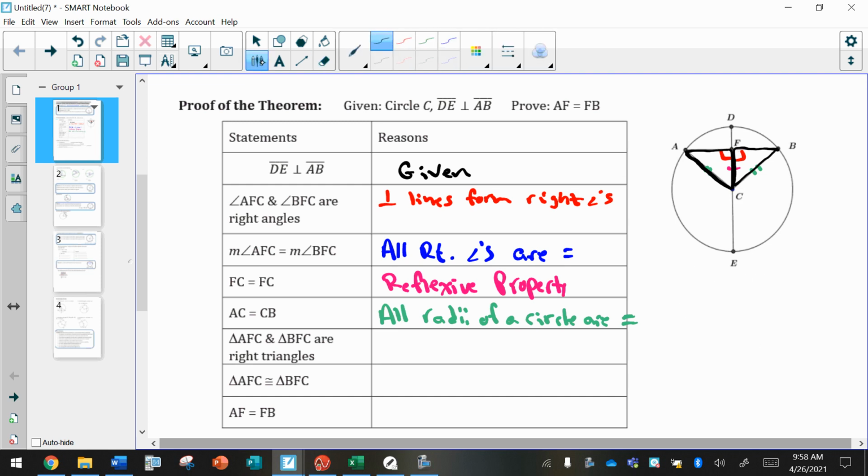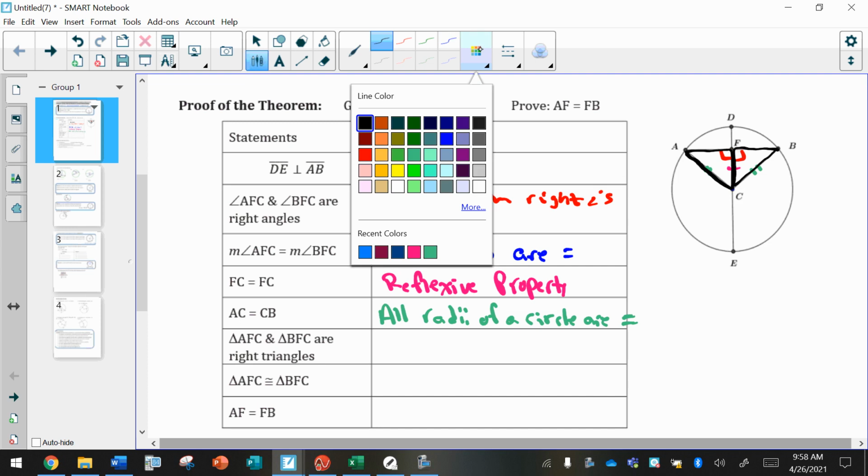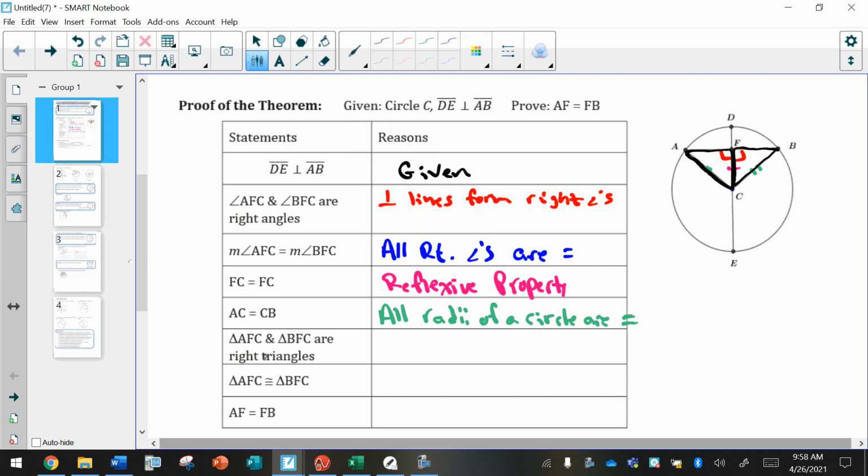So our way around that is to do hypotenuse leg. But in order to do hypotenuse leg, I need right triangles. A triangle with a right angle is a right triangle. So now that we have right triangles, we can say the triangles are congruent by hypotenuse leg.